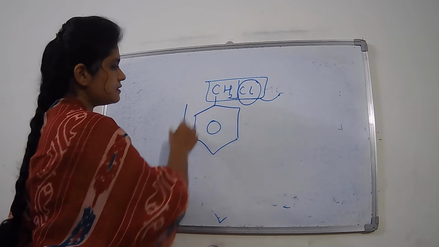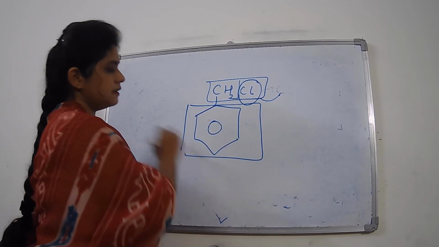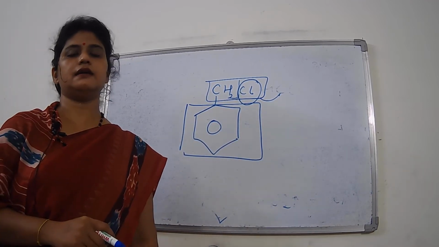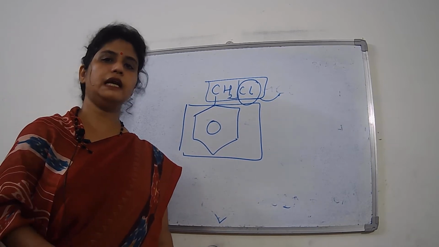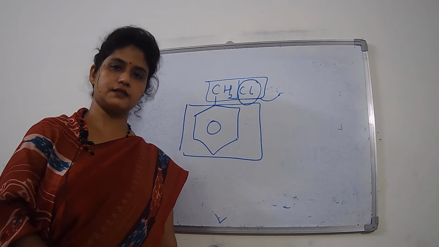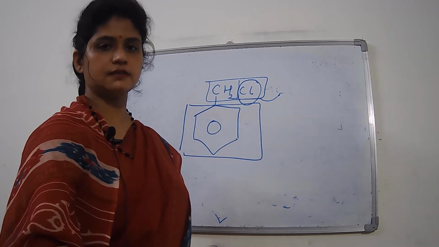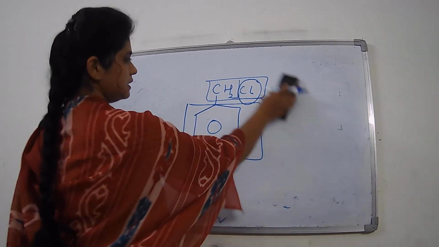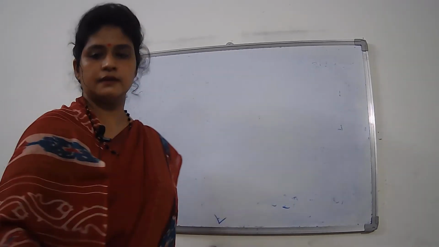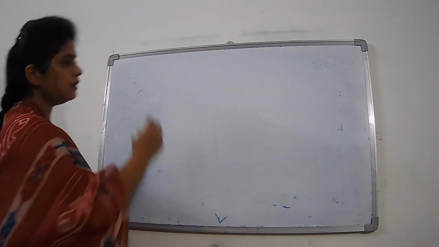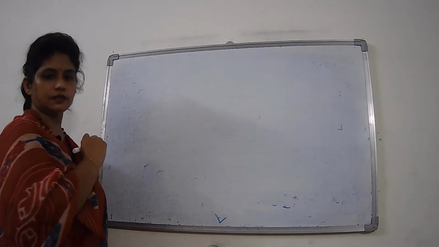And whenever substitution takes place on the benzene ring, that is the second kind of substitution, which is called an electrophilic substitution reaction. One by one we discuss both types. First we start with the nucleophilic substitution reaction.